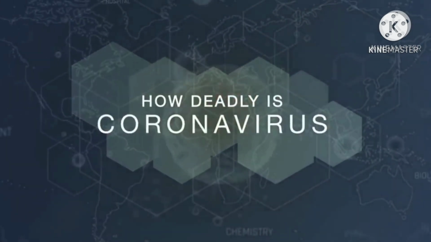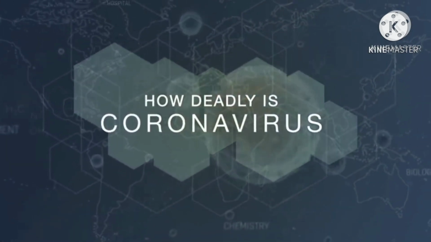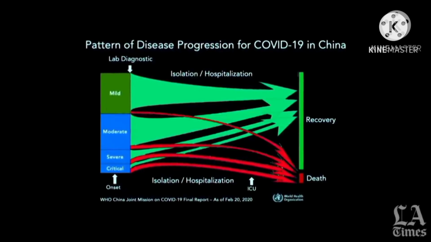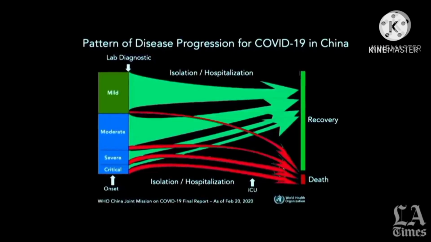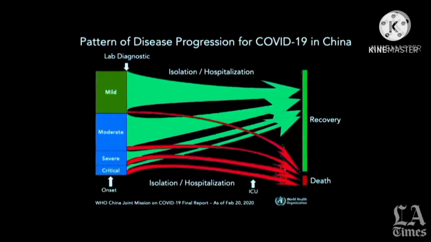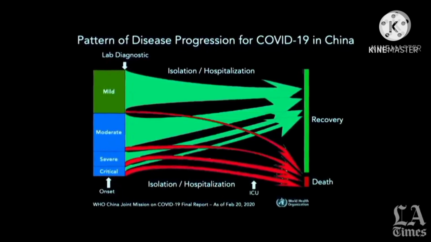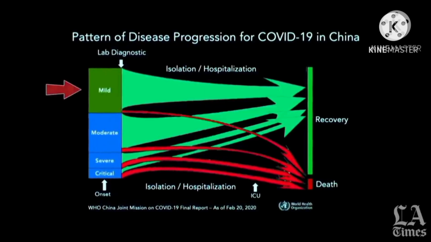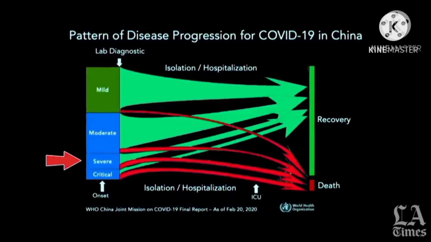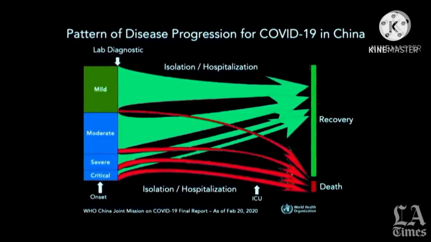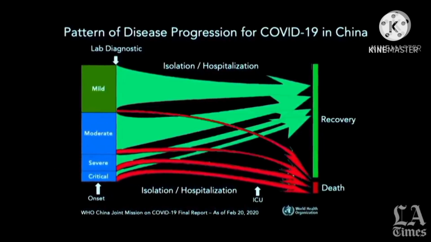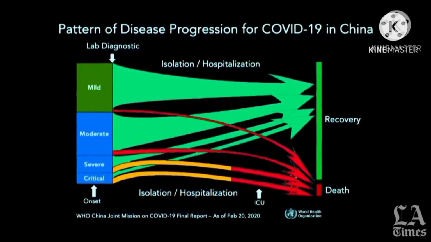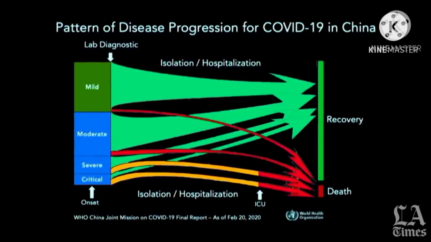Not only is this virus highly contagious, but it is also deadly. And this is the map of the results that the Chinese have put out with regard to the pattern of disease progression in China. And there are types of symptoms or patients: the mild, moderate, severe, and critical. And what you see from this is the patients that are severe and critical progress very rapidly to the intensive care unit and rapidly to death.